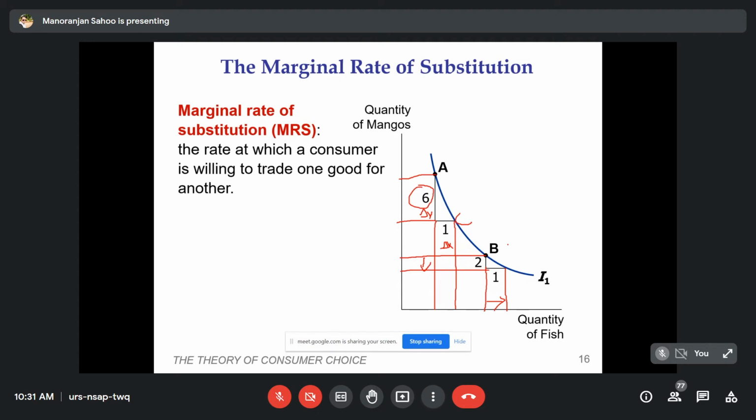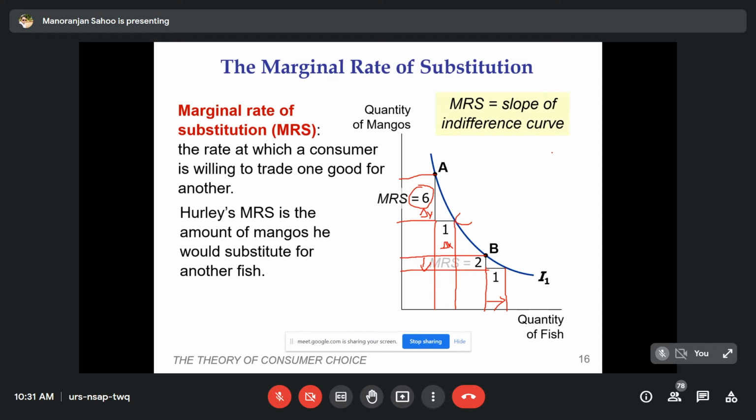As the consumer moves downward, he will sacrifice less and less units of commodity Y for each addition of commodity X. That means the marginal rate of substitution will be diminishing, or the slope of the indifference curve will be diminishing. Okay, I hope you understood this.